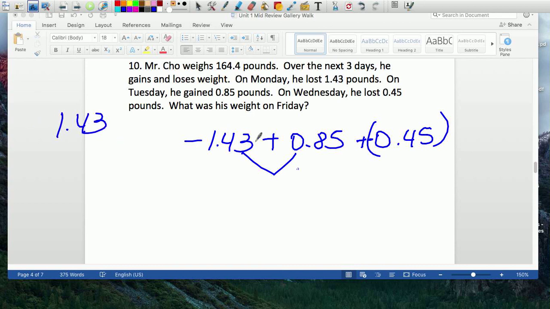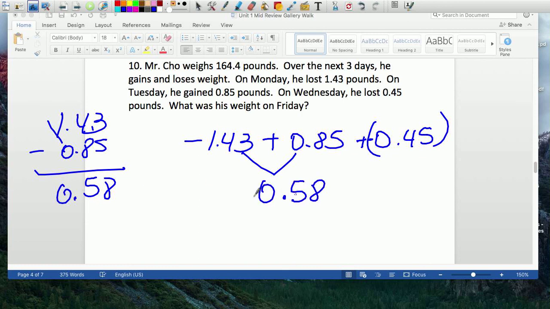The answer is going to be negative because there's more negative. Here's 185. Subtract. 13 minus 5 is 8. 13 minus 8 is 5. Got borrowed, so 0.58. Negative. Plus another negative. It's going to be 0.45.